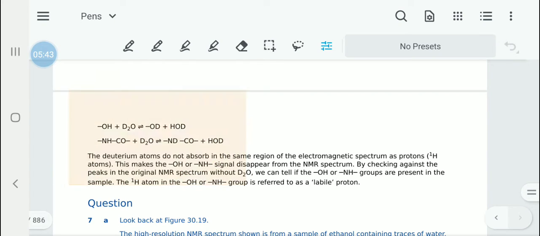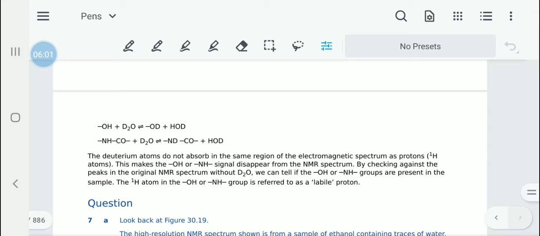However, because deuterium does not absorb the same range of electromagnetic spectrum energy, the OH and NH signal will disappear from the NMR spectrum.